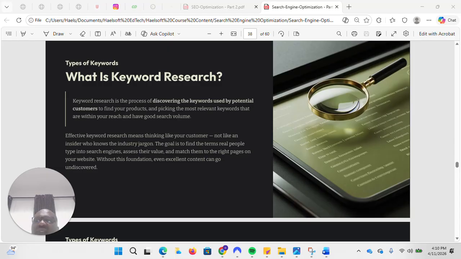Effective keyword research means thinking like your customer, not like an insider who knows the industry jargon. The goal is to find the terms real people type into search engines, assess their value, and match them to the right pages on your website. You understand? Without this foundation, even excellent content can go undiscovered on Google or any of the search engines.